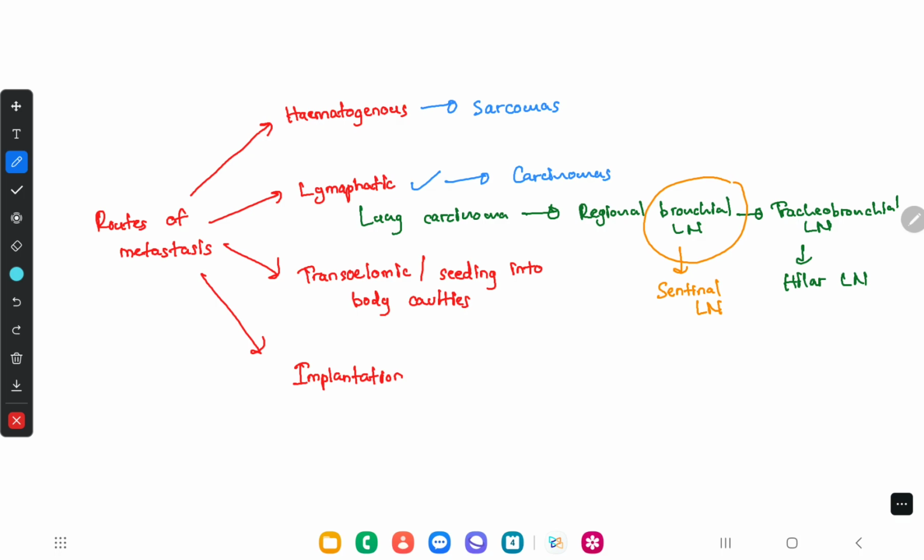These sentinel lymph nodes can be identified by injection of blue dyes or radiolabeled tracers near the primary tumor.